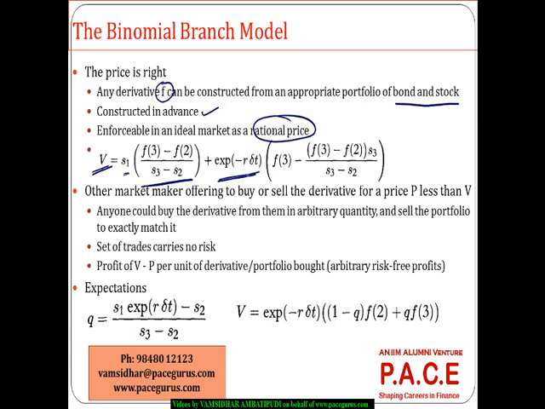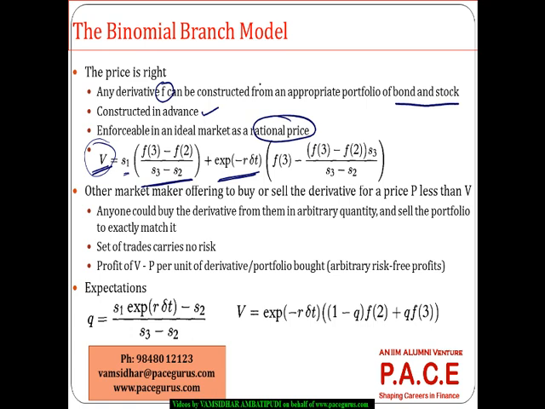This is what is coming out as the value of the derivative, or the value of this particular combination portfolio, which is nothing but equivalent to that of a derivative as of the current period.